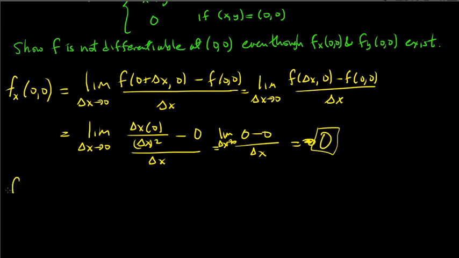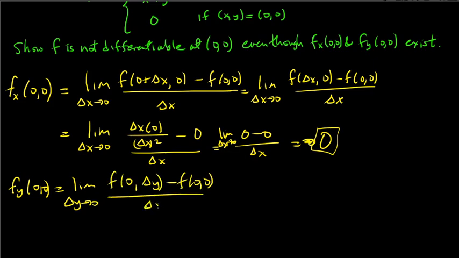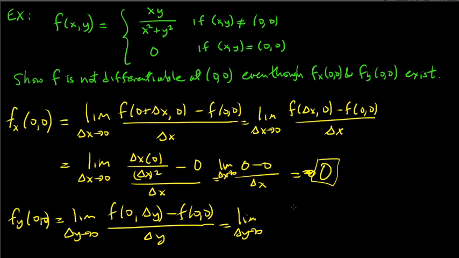And same thing for the y partial derivative, all right? Now it's just the reverse. You're taking the limit as delta y goes to 0 of f of (0, delta y) minus f of (0, 0) over delta y. So you take the limit as delta y goes to 0 of 0 times delta y, which of course is 0, divided by delta y squared, minus 0, divided by delta y.